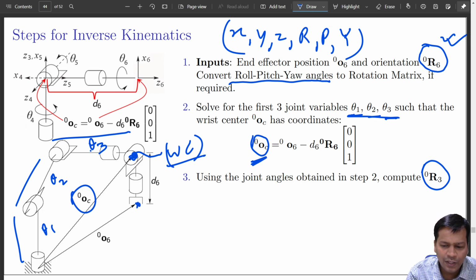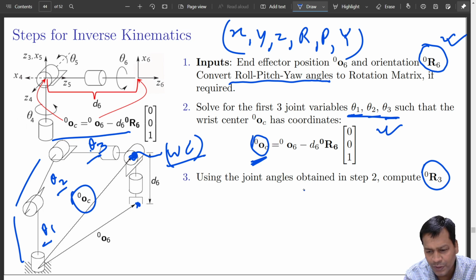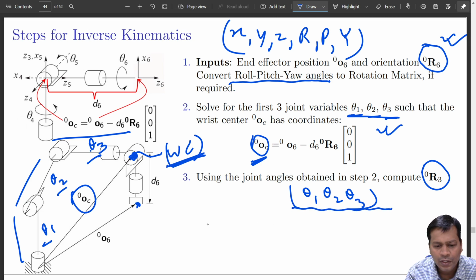Now that you know theta 1, theta 2 and theta 3, because you have obtained the wrist center point, you also know the DH parameters of the first three links. That means you can obtain the rotation matrix till here. You do forward kinematics.